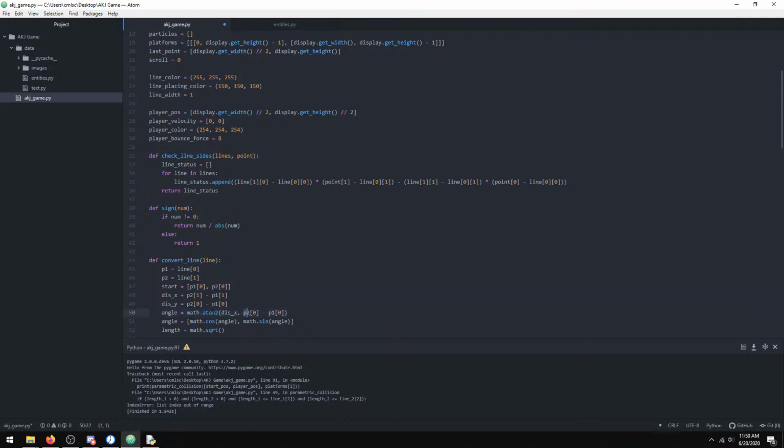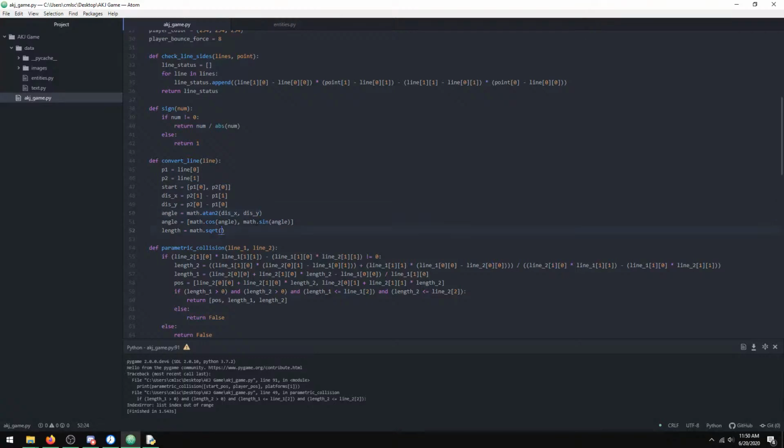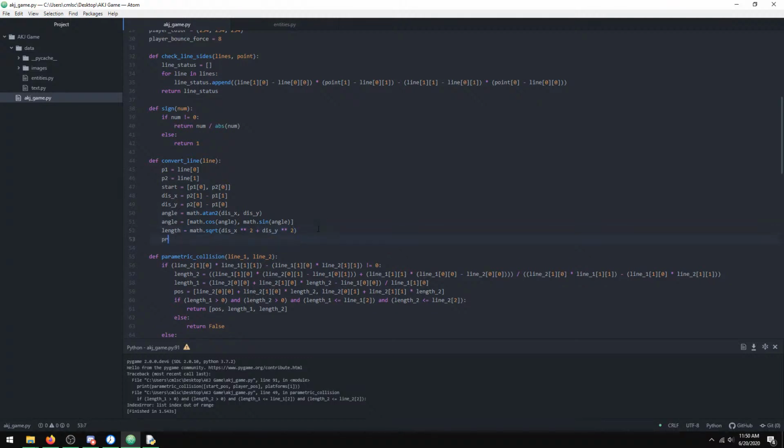This x, this y, this x squared plus this y squared. Print. Okay, I'm just gonna trust this works. Return convert line. Oh, wait, no. Return. It's gonna be start, angle, length.